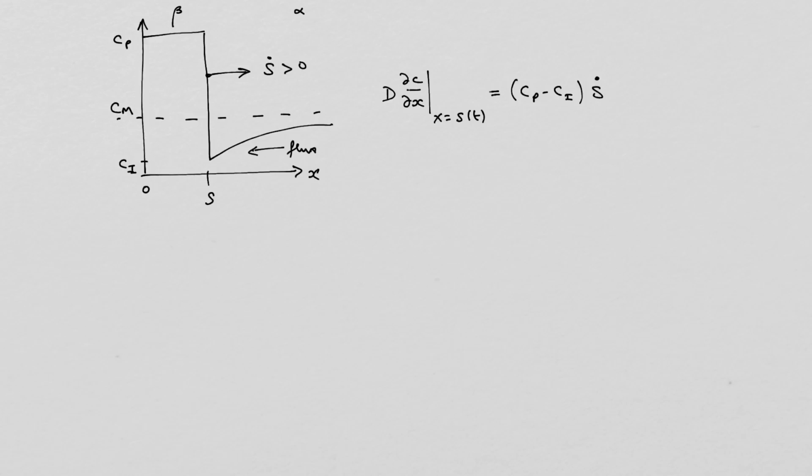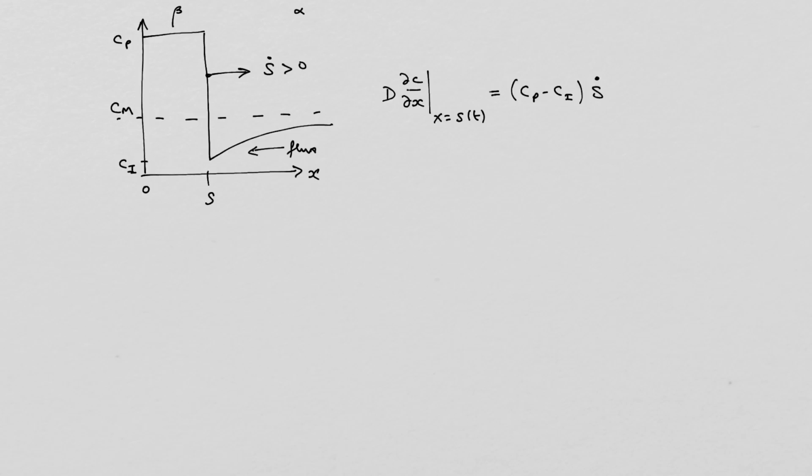The velocity with which the interface is advancing multiplied by the difference in concentration just inside the precipitate is how many B atoms per unit time are being mopped up, if you like, and taken into the precipitate. And all of those atoms must be supplied by the flux from infinity, because that's where they have to come from.